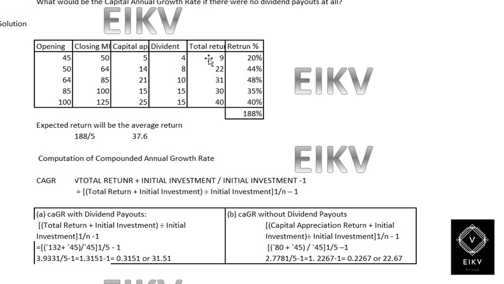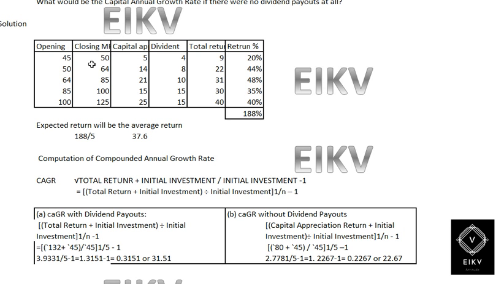And the return in percentage, the formula for return in percentage would be total return in amount divided by opening value or invested amount. Therefore 9 divided by 45 will give you 20%. So in the first year there will be a 20% return.